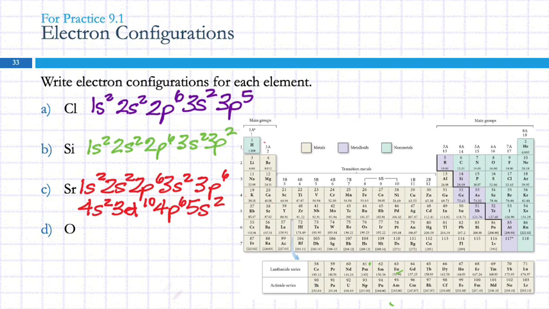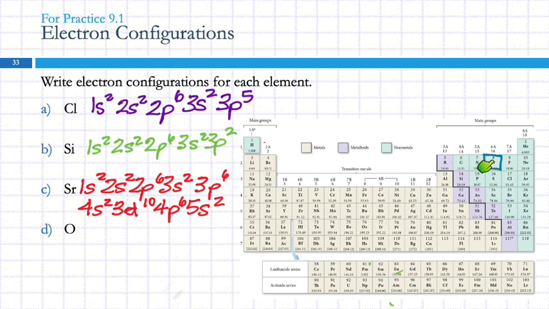Let's do oxygen. Oxygen is right up here. So oxygen is going to end, this is the second row, right? This is the 2p. This represents the 2p room in the hotel, and it's got 1, 2, 3, 4 electrons staying in it.